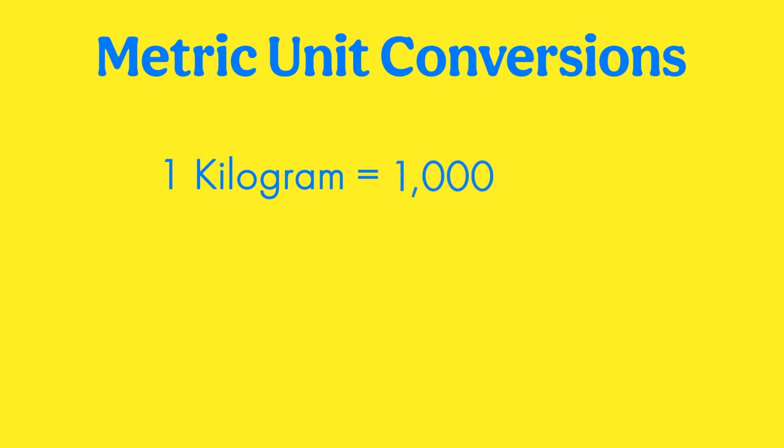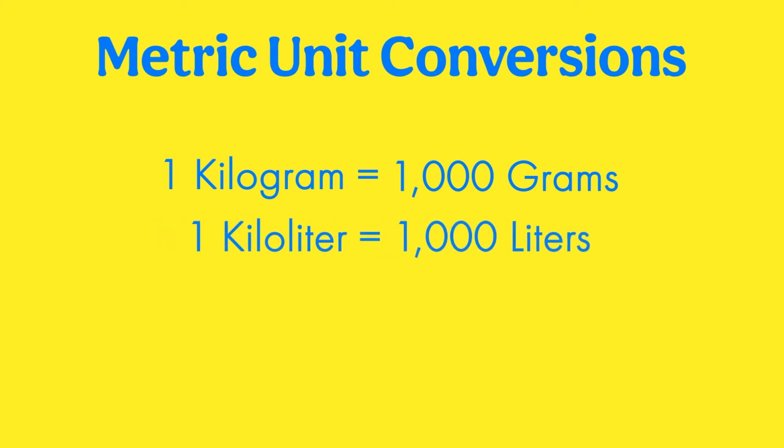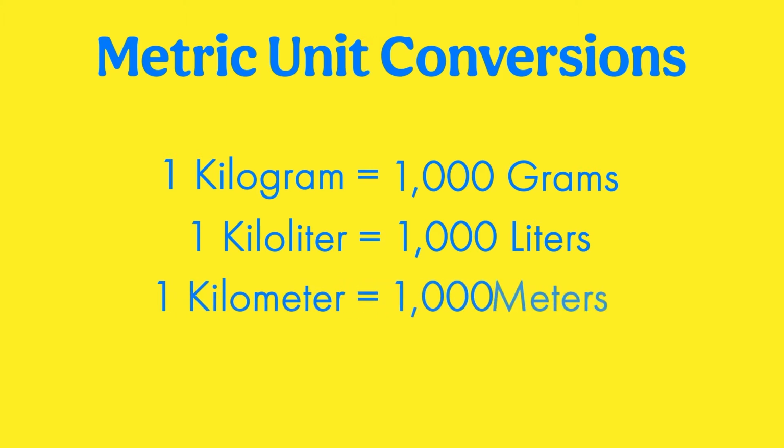It's 1,000. So there are 1,000 grams in 1 kilogram, which means there are 1,000 liters in 1 kiloliter, and 1,000 meters in 1 kilometer. They all follow the same pattern.